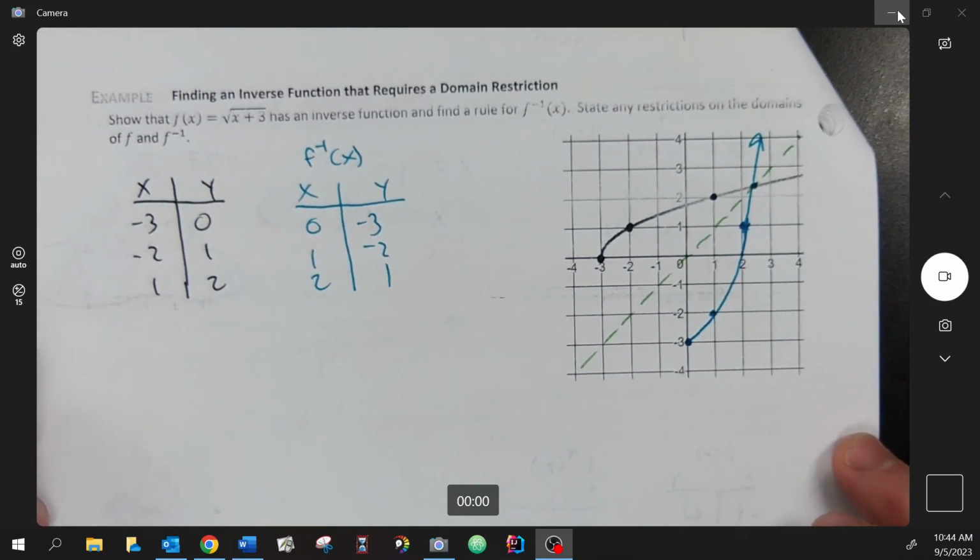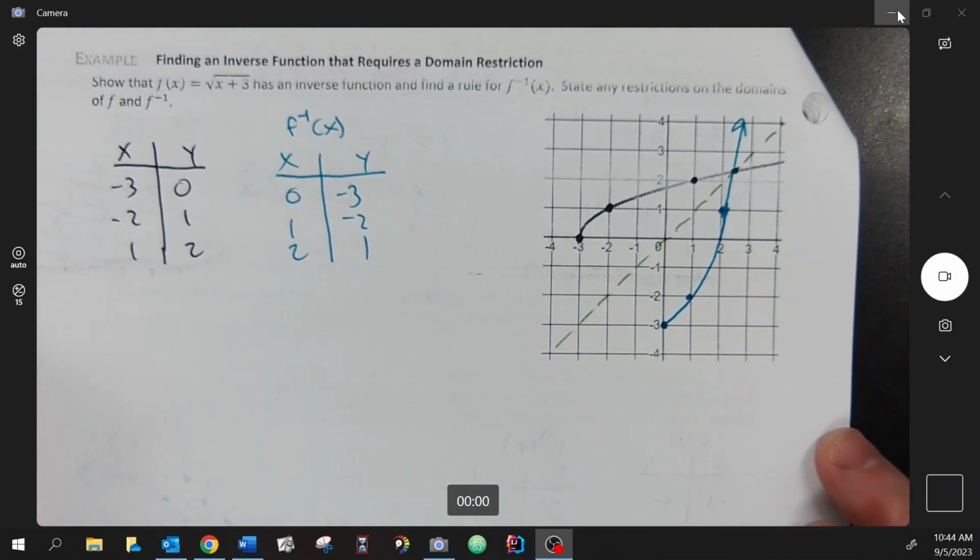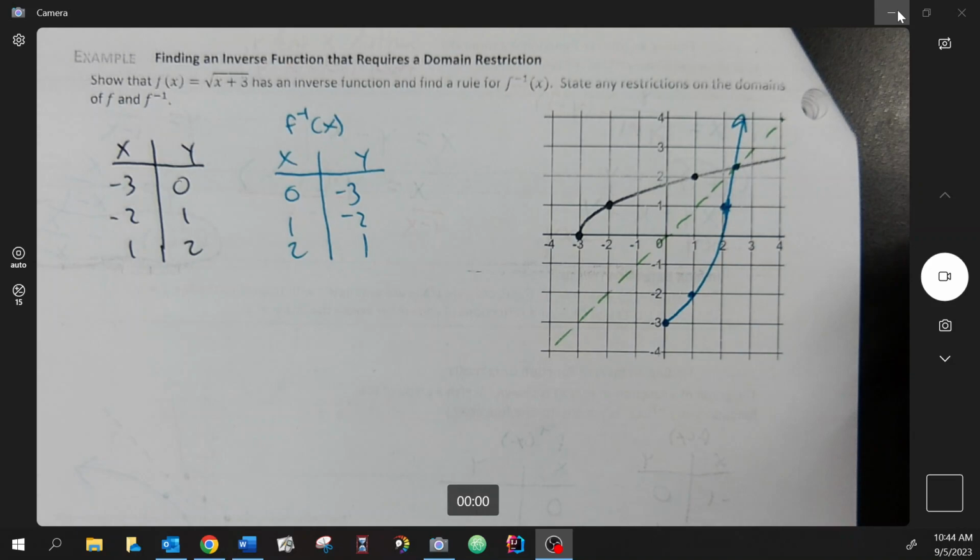Now the actual directions for this question were to find f inverse of x, its equation. Algebraically, that means switch x and y and get y alone. That's not new. Let's go ahead and do it. I haven't used enough purple and green today, so I'm going to use those two colors.